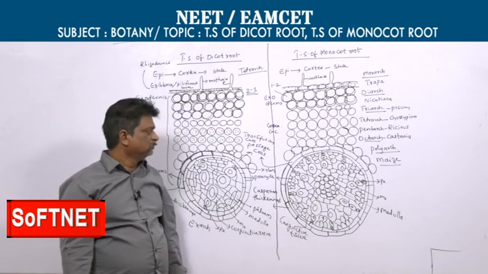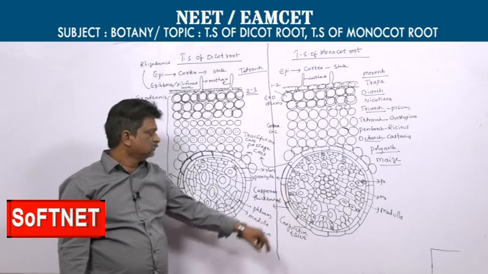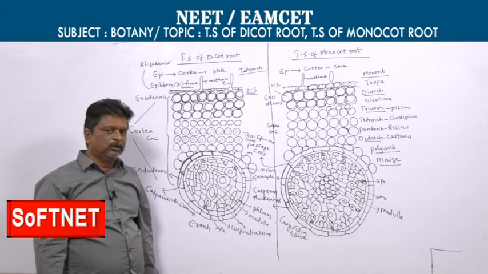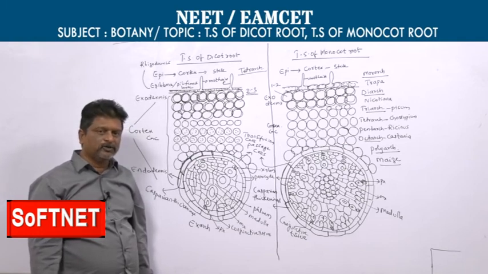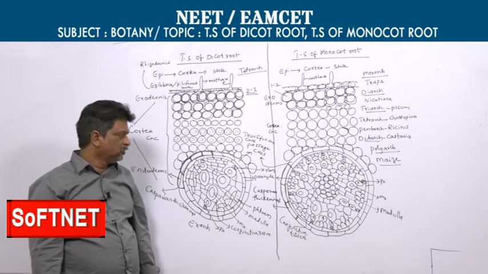In matured monocot root, pericycle is sclerenchymatous, so it does not undergo any dedifferentiation, so no cambium formation and no secondary growth.